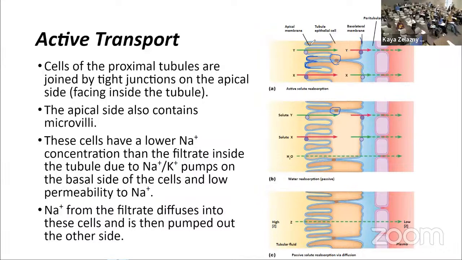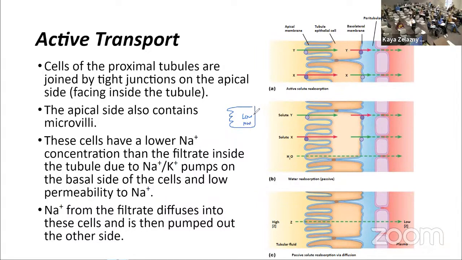So where we are now is that these cells are going to have a lower sodium concentration because of the sodium-potassium pumps. I've been saying that the sodium-potassium pump is creating this low sodium environment here, because we've been moving the sodium out towards the blood.